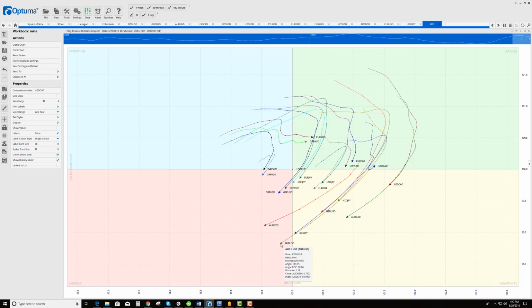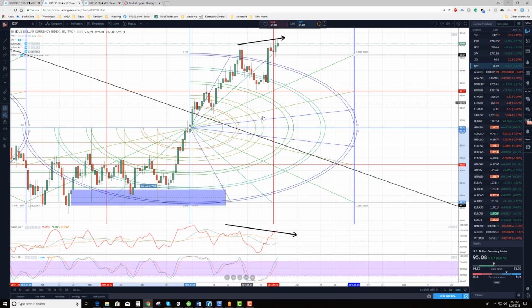So what this is telling me is that there is a high probability of this turning around and going from lagging into improving and then into leading again and so forth. All right, but that's market cycle.